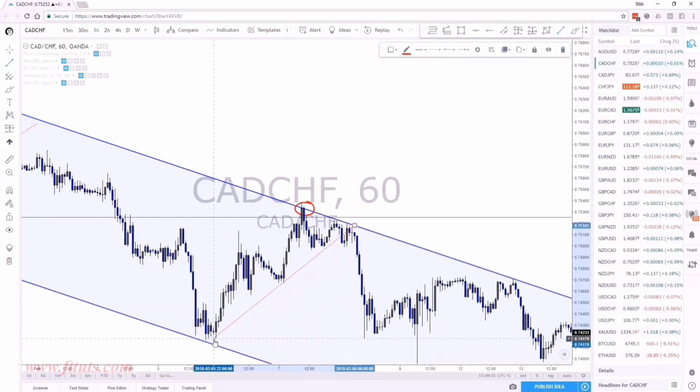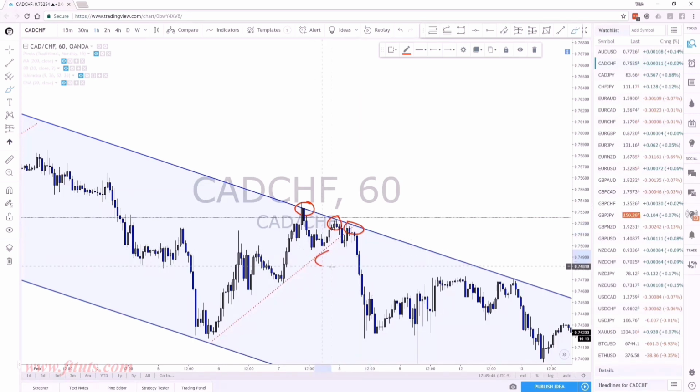Okay, and now we just need to wait. We get a second and a third retest here and here, and once it breaks this counter trend line, once it breaks this trapping of price, then we know we're good to get in.